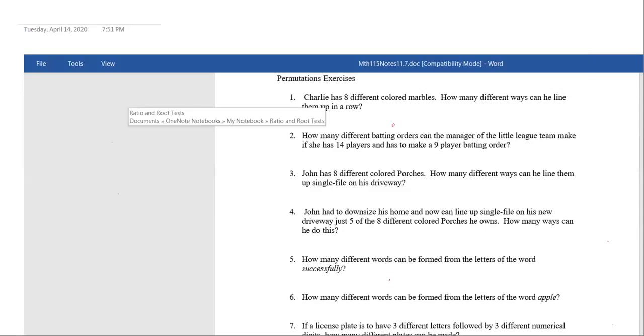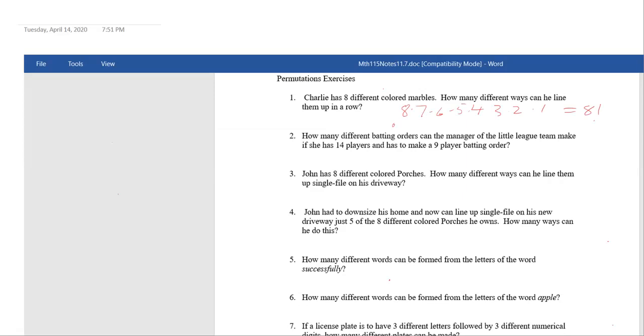Okay, Charlie has eight different colored marbles. How many different ways can you line them up in a row? Okay, this is a standard factorial problem, counting problem, and we can use the multiplication principle. You just have the 8, 7, 6, 5, 4, 3, 2, 1 situation, otherwise known as 8 factorial.